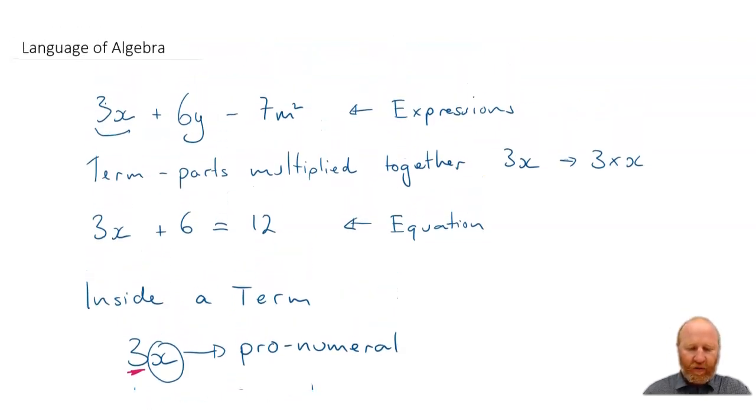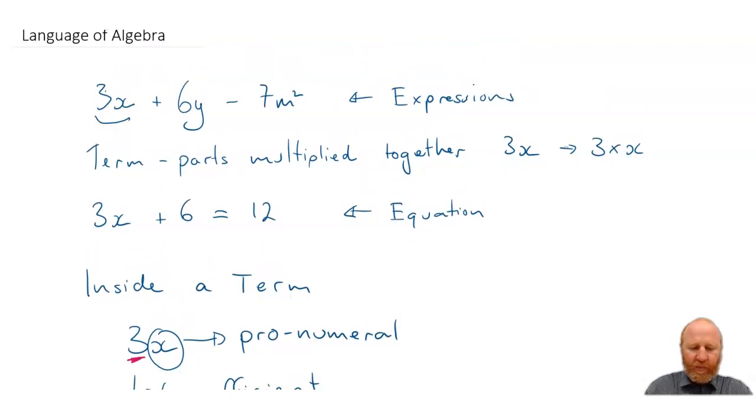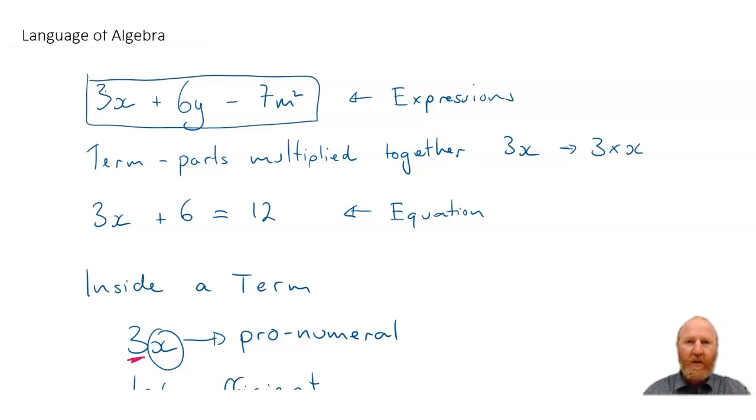So if we just go back through, an expression is any piece of algebra regardless of how many terms it has. A term is a piece of algebra where all of the parts are multiplied together, so 3x is a term. When we have expressions, the terms are separated by plus and minus signs.